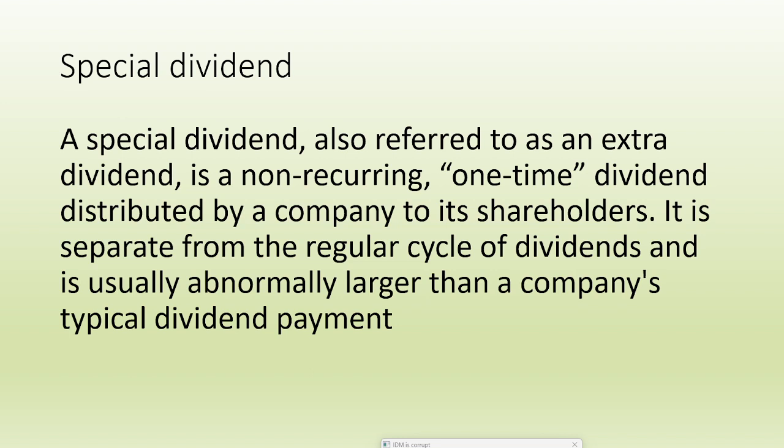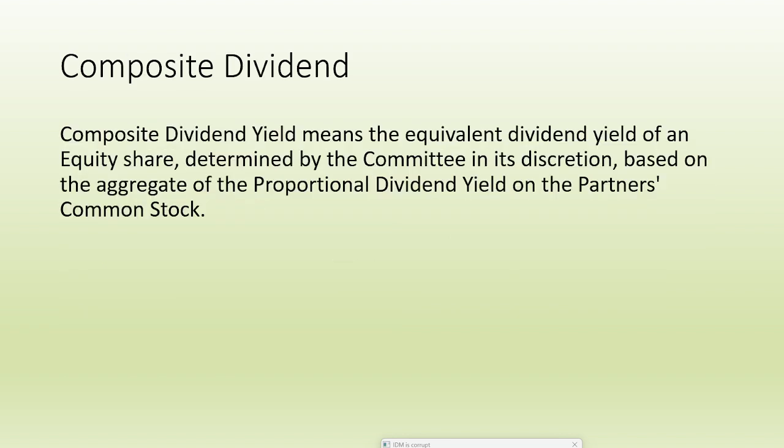Whatever regular cycle of dividend the company is paying, this will be different and separate from it. It will be given only when the company has an abnormal profit. If a company has a profit of a large amount, then it uses this special dividend.